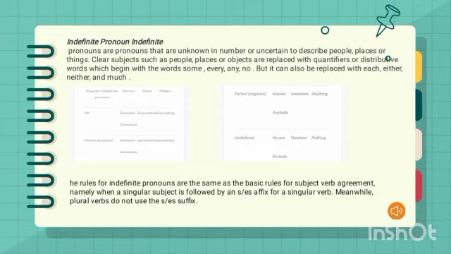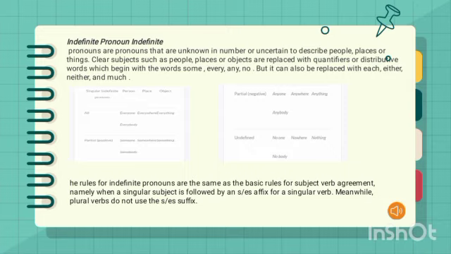Clear subjects such as people, places, or objects are replaced with quantifiers or distributives which begin with the words some, every, any, no. But they can also be replaced with each, either, neither, and much. You can see examples of positive and negative pronouns below.